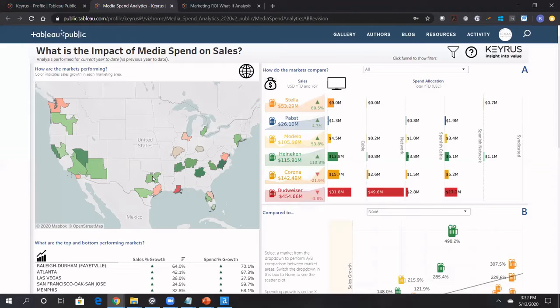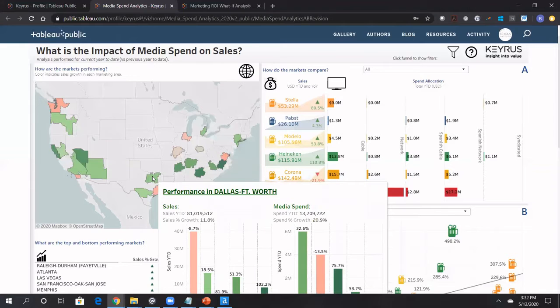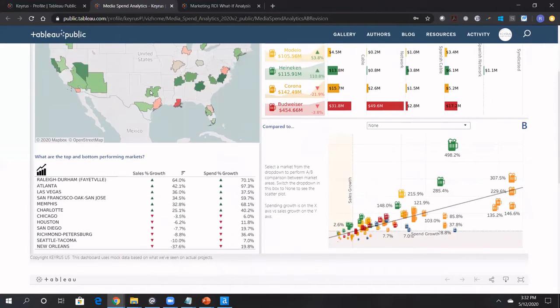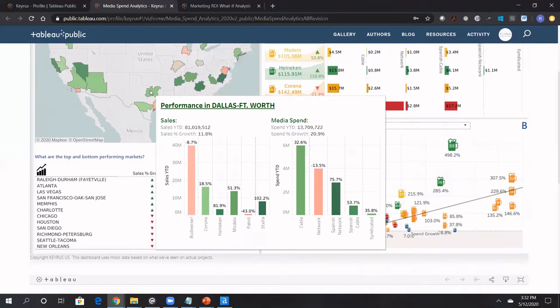Another example here is Dallas. Dallas is doing well, plus 11% up in sales, down 8% in Budweiser, but certainly making up for it with Corona. Huge growth in Heineken, although it's not a huge seller at the moment, and huge growth in Modelo, huge growth in Stella as well.